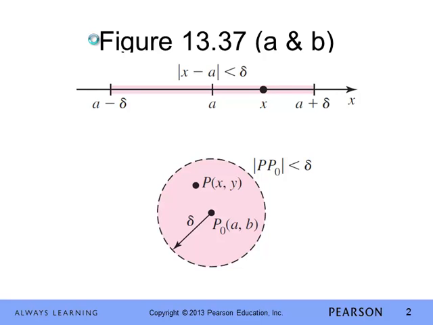And what we're doing is taking the limit as some point p with coordinates x comma y approaches p sub 0 with coordinates a comma b, implying that p sub 0 is a fixed point, and that p is a variable point that we can keep on moving closer and closer, or as far away as we like, but in this case we're getting closer.